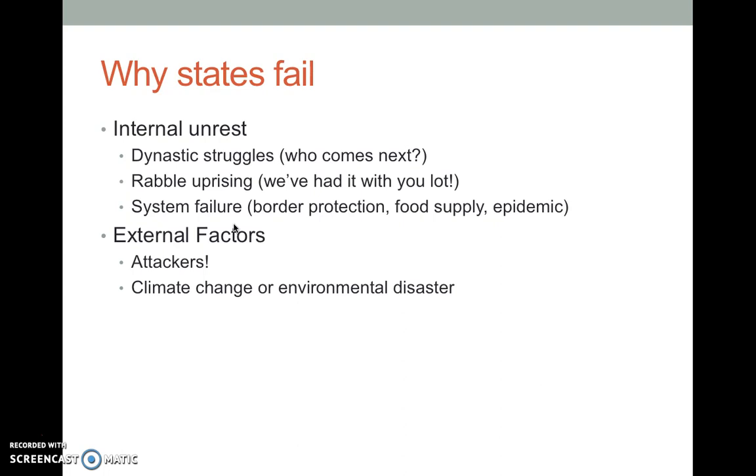The mini ice age in the 6th century CE brought about a point in time where the weather was terrible. It was cold, it was rainy, and while water is good for crops, too much water is not. An environmental disaster, like our friends in the Indus River Valley with the repeated floodings, or the Minoans with their earthquakes. A lot of different elements can bring about the end of a state.